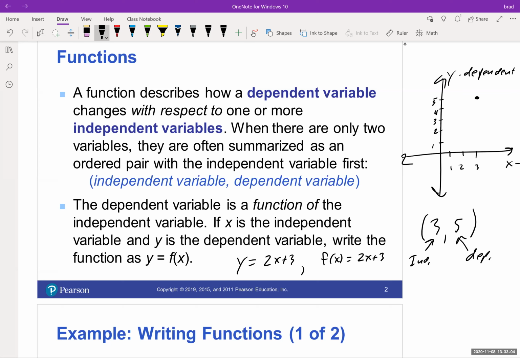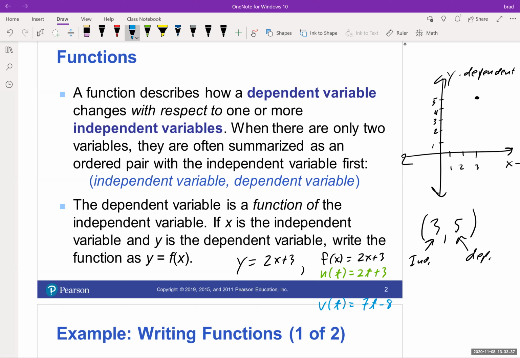For the most part, you can always think of f of x as y, but they want to give it more notation than just y. f of x allows us to say, what if I wanted to do height based on time? Then we could call that, instead of f of x, h of t equals 2t plus 3. What if I wanted to talk about velocity with respect to time? I could say v of t is equal to 7t minus 8 or something like that.